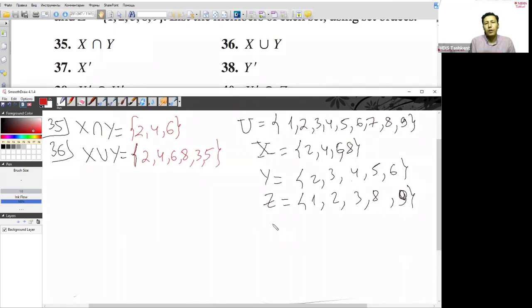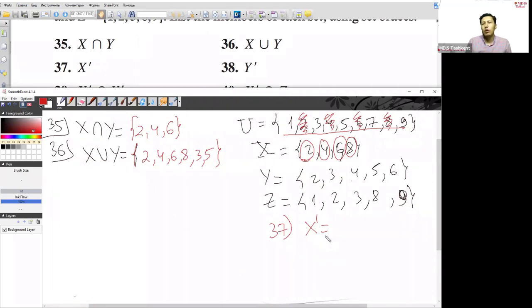37. Find complement of x. How to find complement of x? So from u, you take out elements of x. So you take out 2, 4, 6, and 8. The rest you just copy it here. 1, 3, 5, 7, 9.